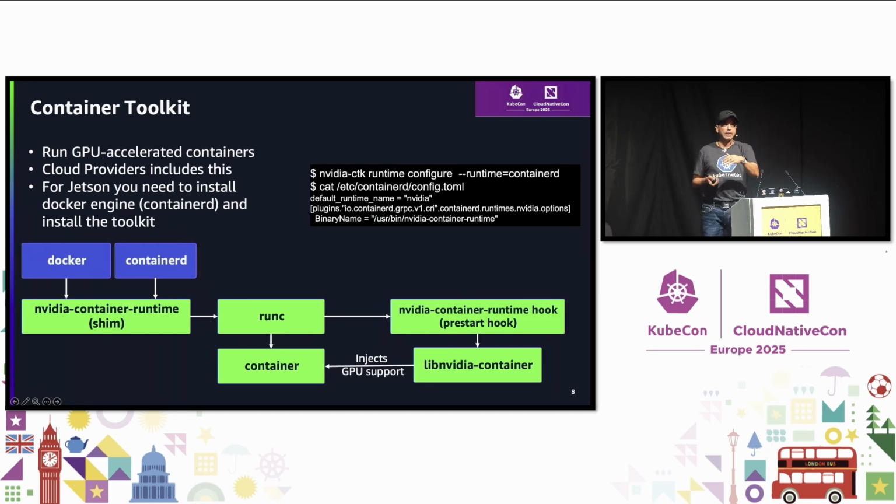When you install the container toolkit, it has a runtime library. Then you configure Docker with a runtime, in this case the NVIDIA runtime, or containerd with the runtime NVIDIA, and you can set it to default. This is a shim that NVIDIA has that then talks to runc.